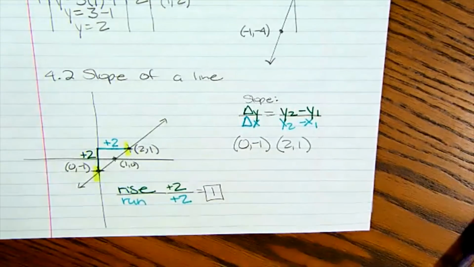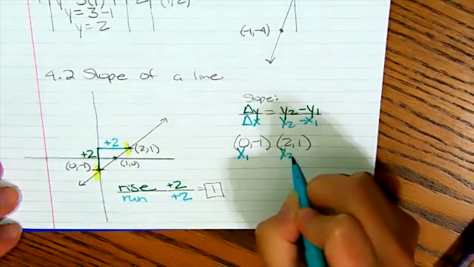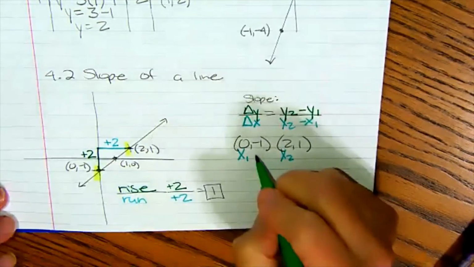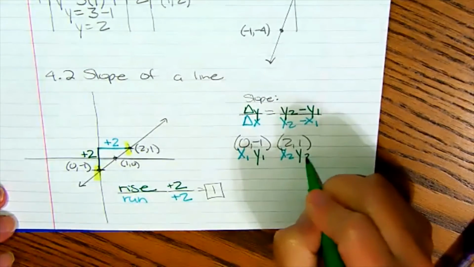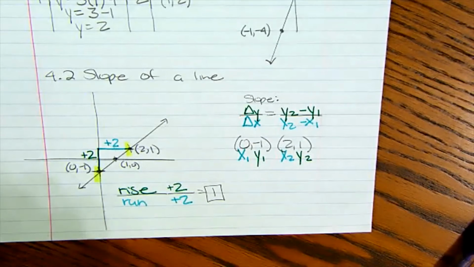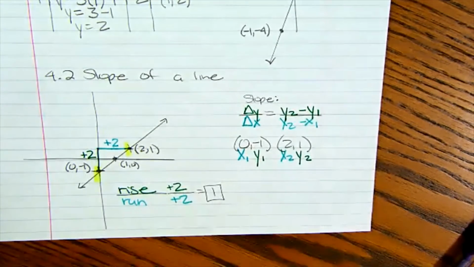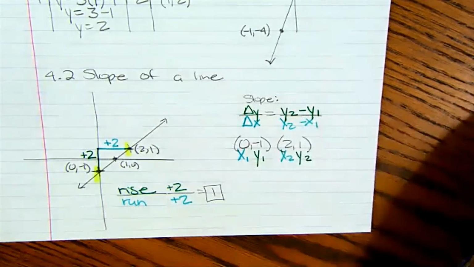The first thing I need to do is label them. x1, x2, y1, y2. So now I'm going to substitute. I'm going to substitute these numbers into that equation.